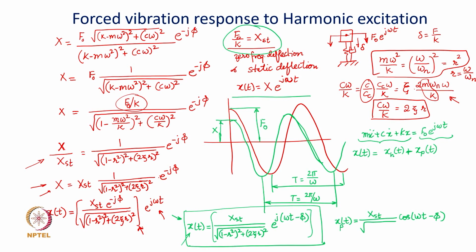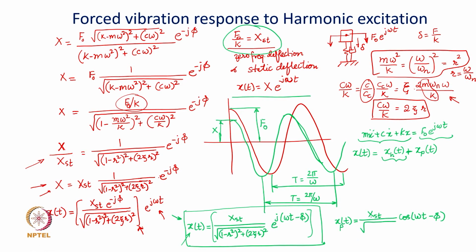So, the response expression will be complete by adding this response to the response that we have already derived. Now, can you tell me what will be the response x_h(t)?